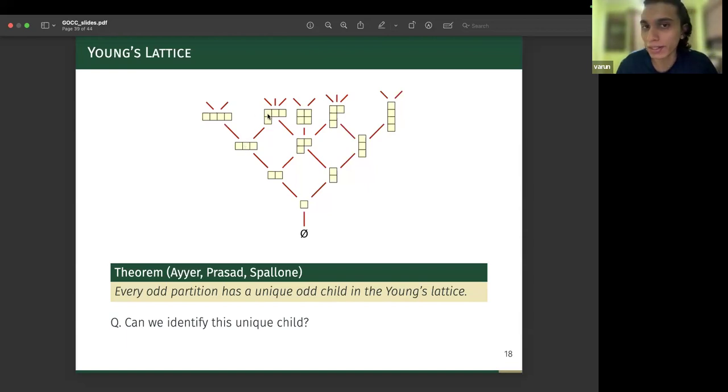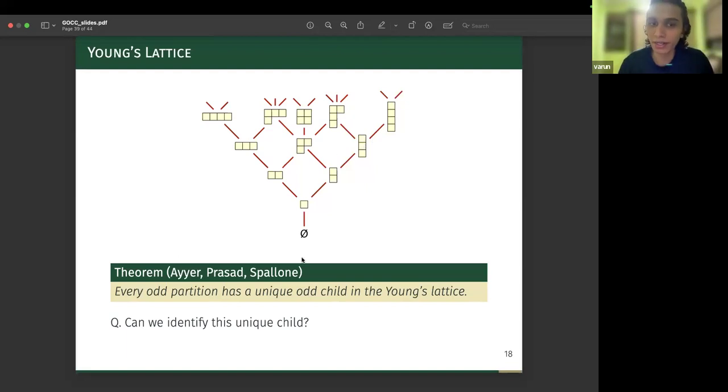What's more interesting is this hook, which is also odd because it is a 4-rim hook, and it has 2 children, but this one has two standard fillings. So it also has a unique odd child. Similarly, this has a unique odd child, and this has a unique odd child.